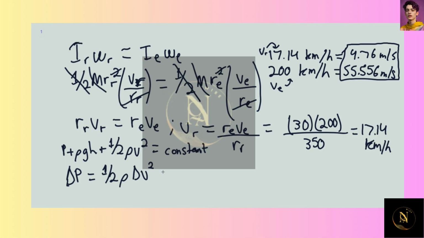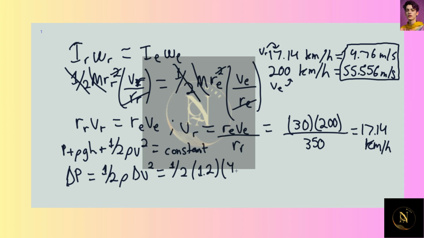At this point, we can actually substitute again. So half the density of the air here will be 1.2 kilograms per cubic meter. And then for the difference in the squared velocities, we would be using these meters per second.